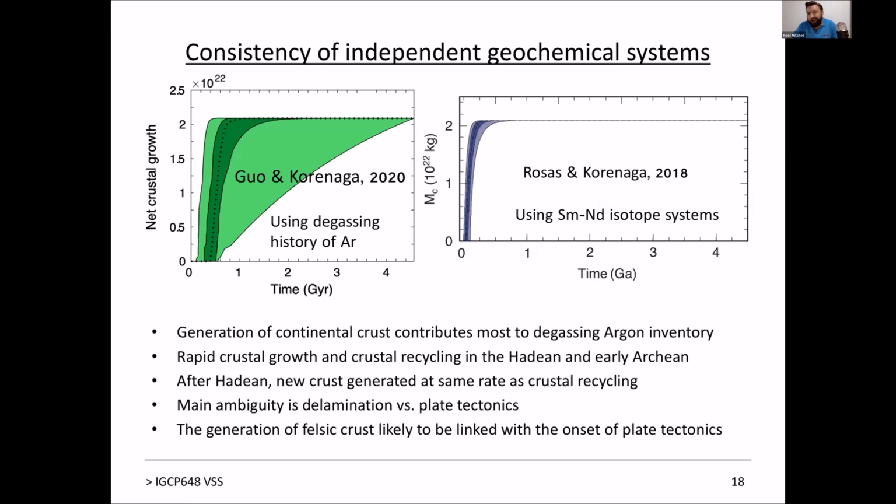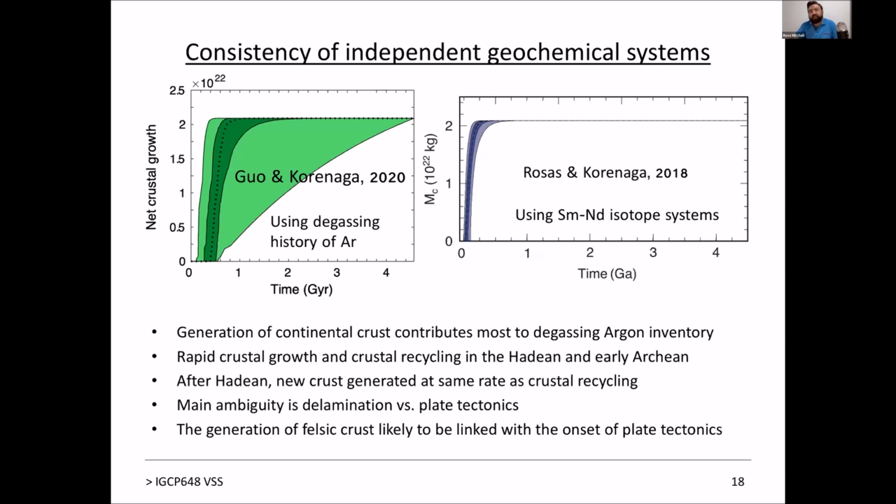I'll mainly talk about argon. Argon's released into the atmosphere. One of the best ways to contribute to argon in the atmosphere is generating continental crust, which is potassium rich, which decays to argon. And in order to explain the argon degassing history, they really have to have rapid crustal growth in the Hadean or even early Archean.